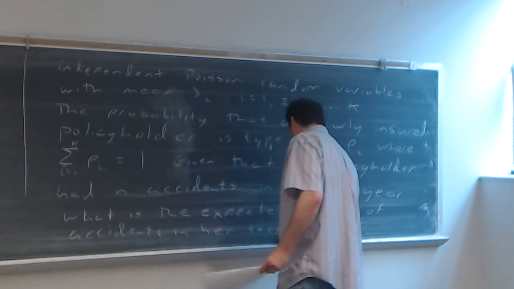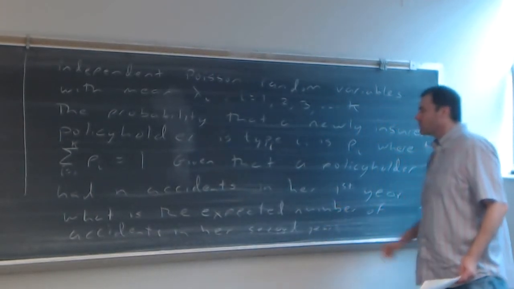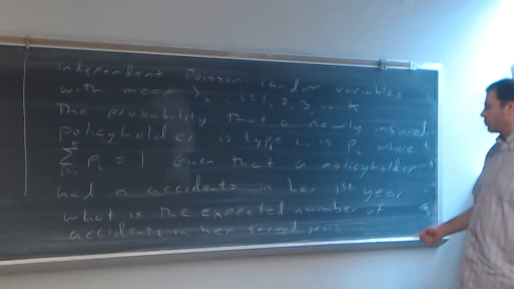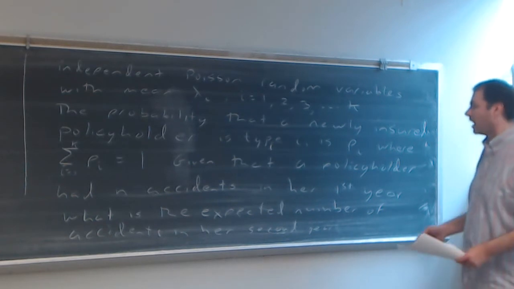That's one question. Here one thing to notice is that I don't even know what type she is. I just know how many accidents she had. There's a second part to this question.